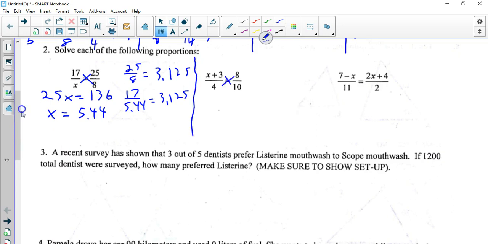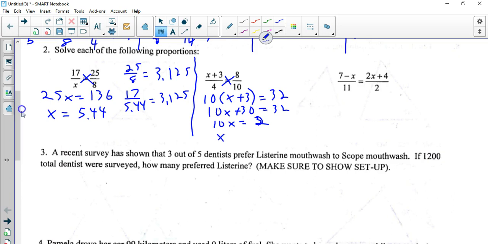Okay, cross and solve. Now remember, when you do this, it's very important to put the x plus 3 in parentheses. Otherwise, if you write 10x plus 3, that's going to be wrong. Because it's technically 10x plus 30 when you distribute. Now you subtract the 30. Sorry, just 2.